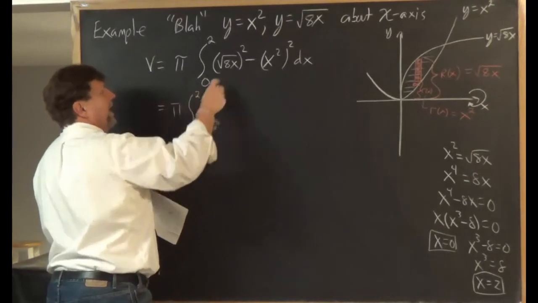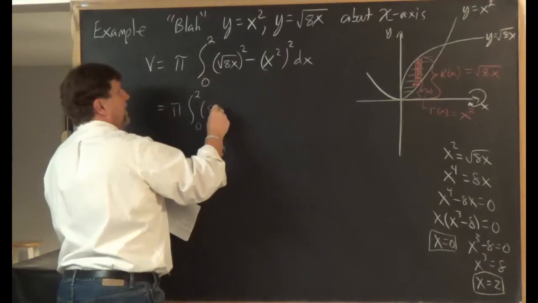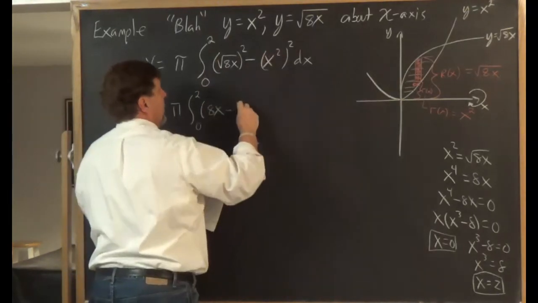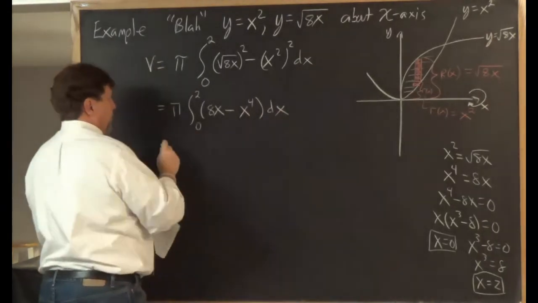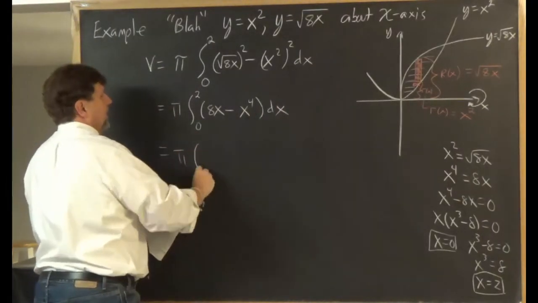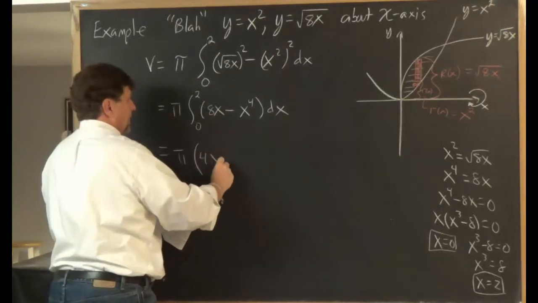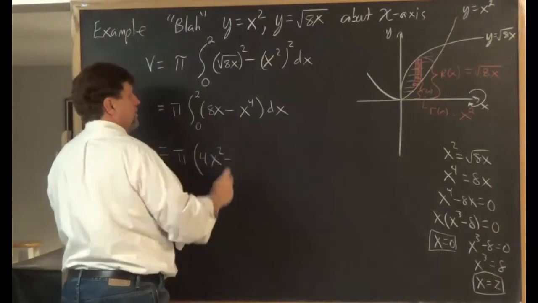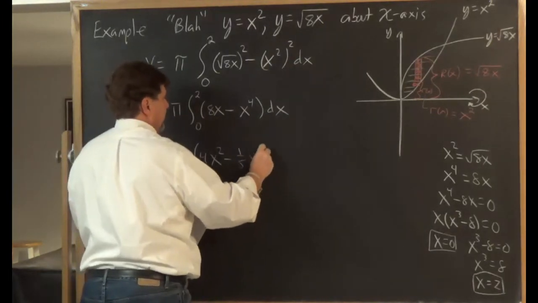And it's not too bad now. The square root of 8x squared, that's 8x. X squared squared, remember, you multiply those exponents to get x to the 4th. Get an antiderivative. Antiderivative of 8x is 4x squared. Antiderivative of x to the 4th is 1/5 x to the 5th.